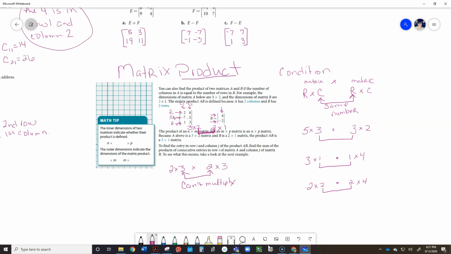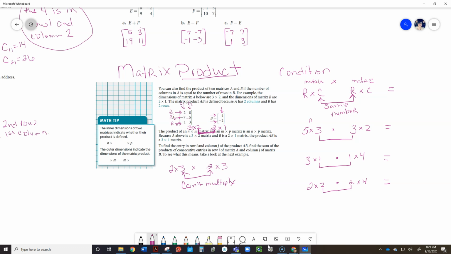So not only are the sizes of the matrices important to determine whether or not you can multiply, but they also determine the size of the product matrix.